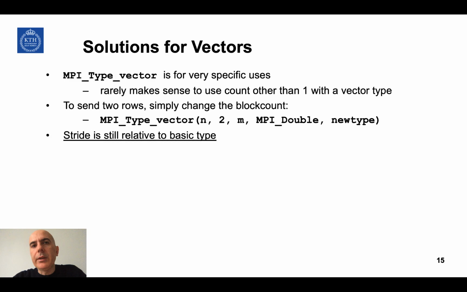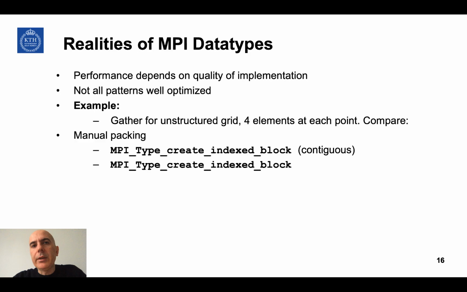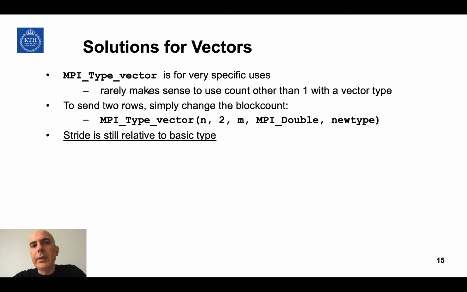So the solution actually is not to send two of these data types, but to define a different data type, a new type using MPI_Type_vector, where we include the count here. So we still have n elements.